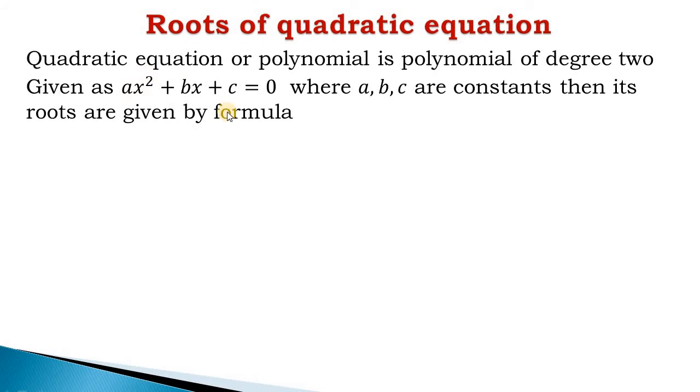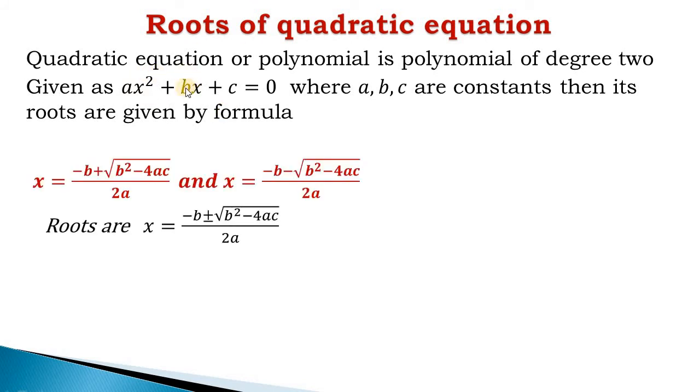Then the roots of this quadratic equation are given by the formula x is equal to minus b plus minus square root of b square minus 4ac upon 2a. For any type of quadratic equation, we can calculate the roots by using this formula.